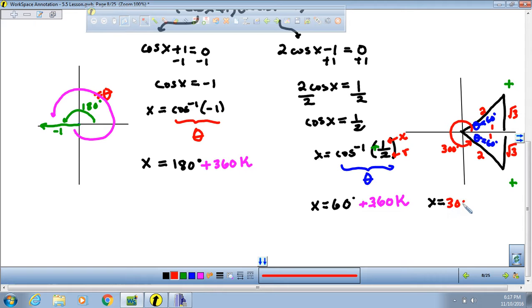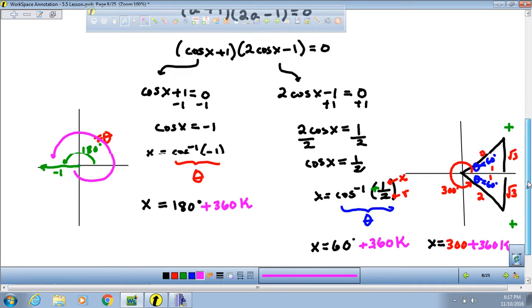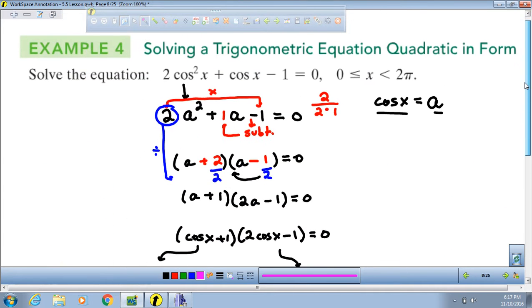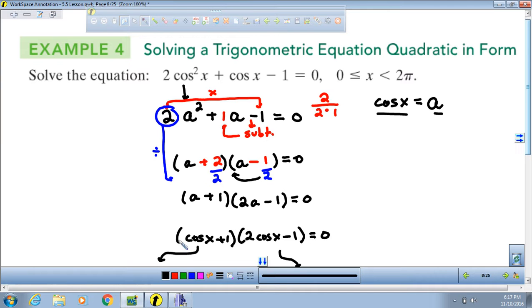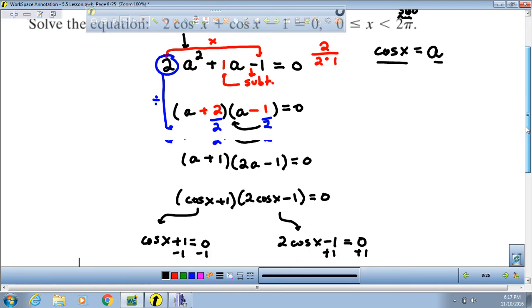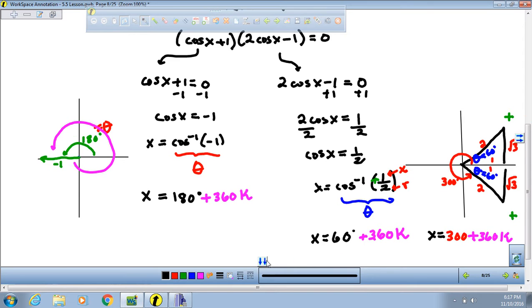So my other solution will be 300 degrees plus every multiple of 360 degrees, which is 360 degrees k. Okay, those are the general solutions, but we want the solutions just between 0 degrees and 2 pi, which is 360 degrees. So we want those solutions between 0 and 360.